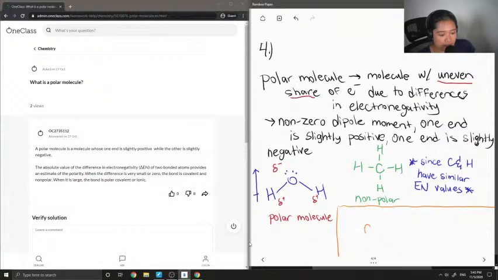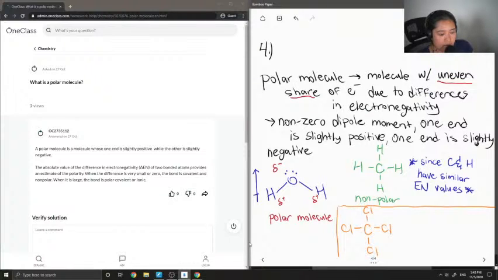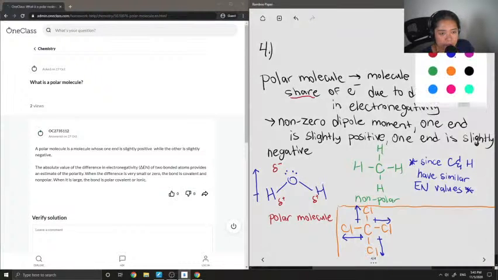Let's say I had carbon and it had 4 chlorines on it. As we all know, chlorine is much more electronegative than carbon. So I can draw all of the arrows that signify that chlorine is more electronegative.